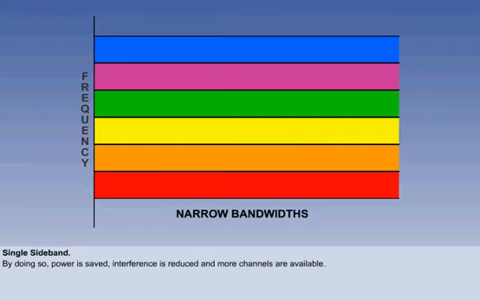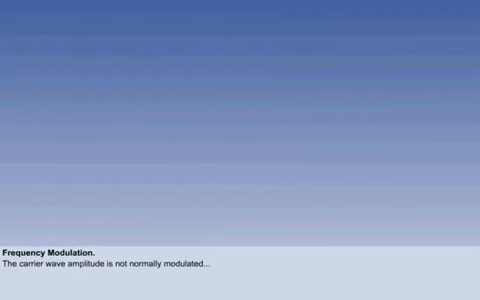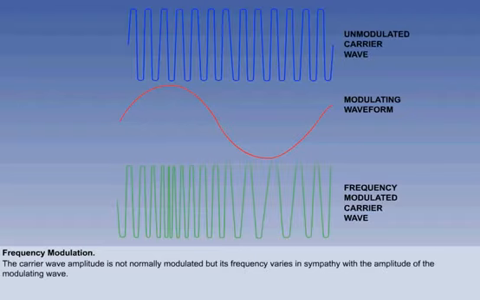When pure frequency modulation, FM techniques, are employed, the amplitude of the carrier wave normally remains constant. This sine wave represents the information which is to be carried, in other words, the information to be modulated. This is achieved by making the frequency of the carrier wave vary in sympathy with the modulating waveform.